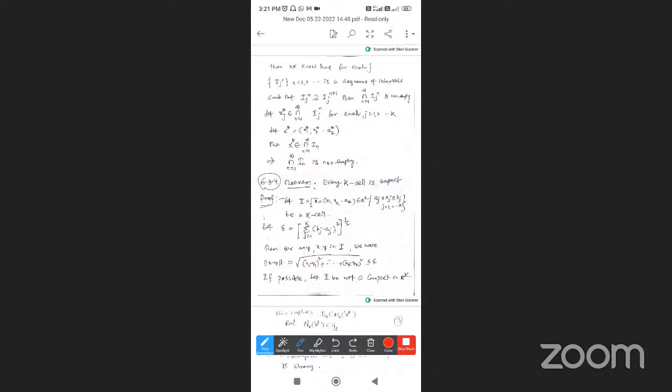That is, we can take a common element x_j star in the intersection over n equal to 1 to infinity of I_j^n, for each j equal to 1 to k. Then capital X star is equal to (x_1 star, x_2 star, and so on, x_k star), which belongs to the intersection over n equal to 1 to infinity of I_n. So the intersection of I_n is non-empty.